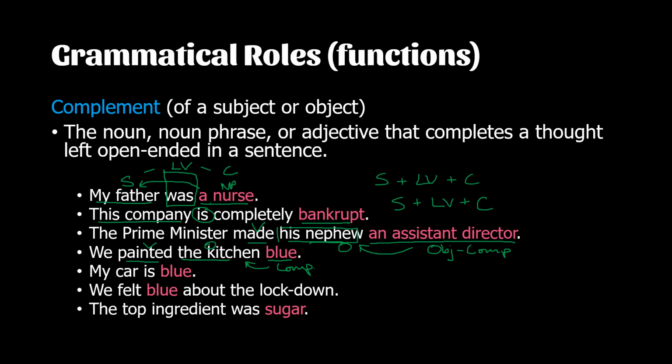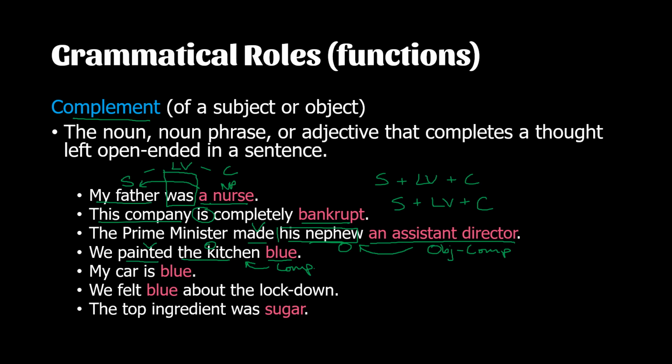I painted the blue kitchen means the kitchen was already blue and I either refreshed the paint or changed the color. We painted the kitchen blue means the kitchen was a different color to start with. So if it's in front of kitchen, it would just be an adjective, but because it's after, it's an adjective functioning as an object complement.